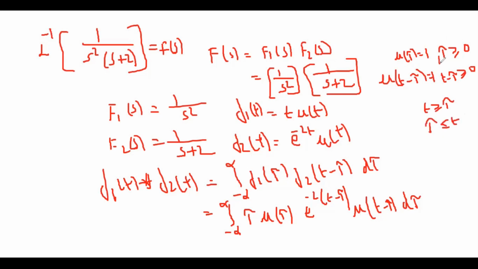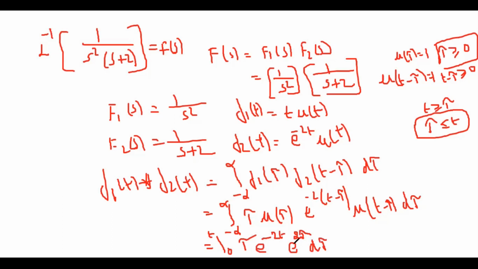So using these two, tau is greater than or equal to 0 and tau is less than or equal to t, so it is in between 0 to t only. So I am changing the limits now, 0 to t, tau, and it becomes 1, and e power minus 2t and e power plus 2 tau d tau.